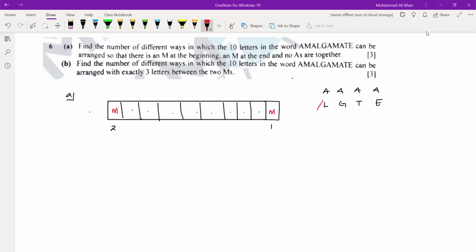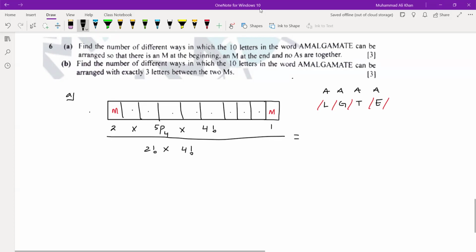So there are 5 places to arrange 4 A's. So I'm writing it like 5P4 multiplied by LGTE, which is 4 factorial, and divided by, for 2 M's, 2 factorial, for 4 A's, we have 4 factorial.